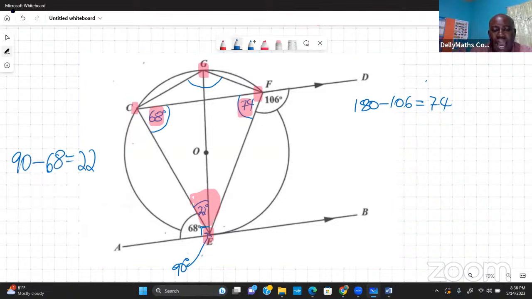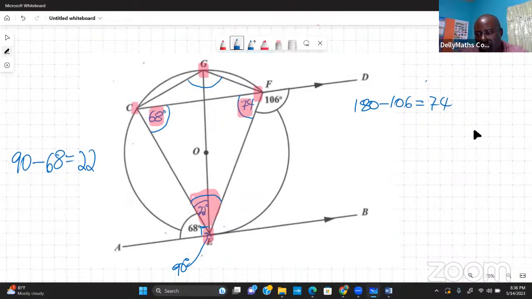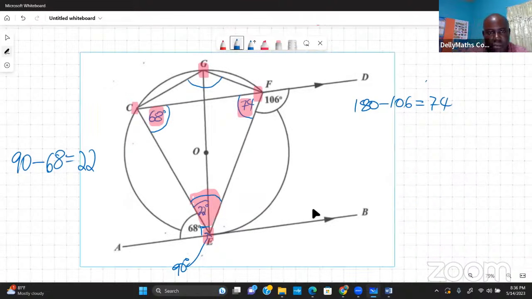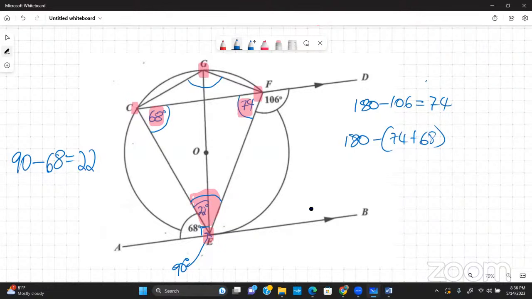So if I know this angle down here, I will be in the know. So let us find that angle right now. The third angle in the triangle is going to be 180 degrees minus 74 plus 68. 38.